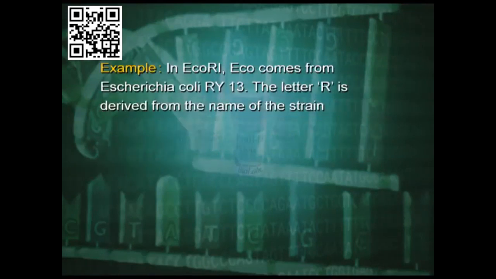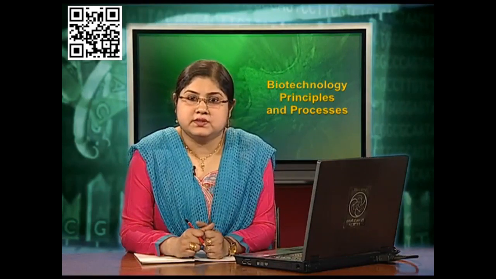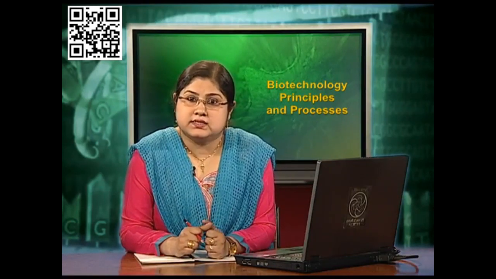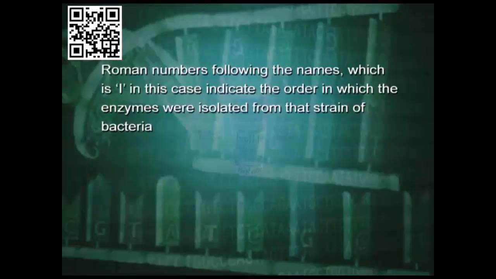For example, in EcoRI, Eco comes from Escherichia coli RY13. The letter R is derived from the name of the strain. Roman numbers following the names, which is I in this case, indicate the order in which the enzymes were isolated from the strain of bacteria.